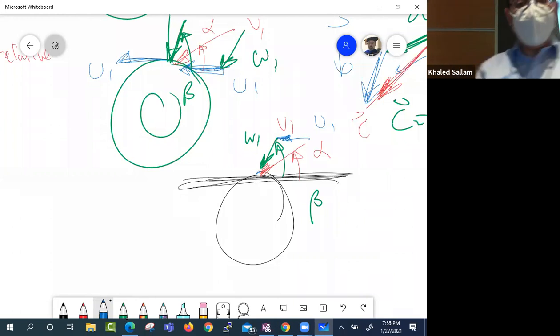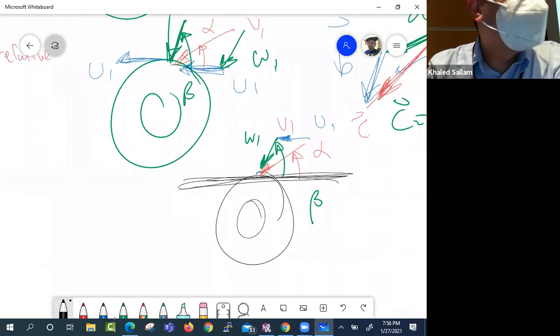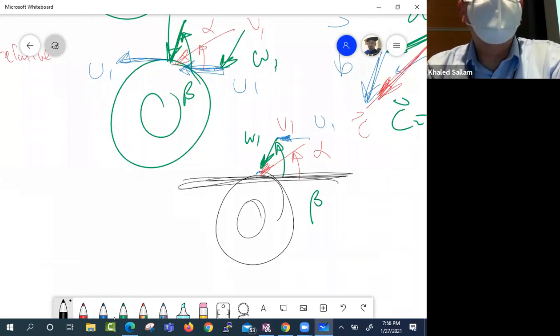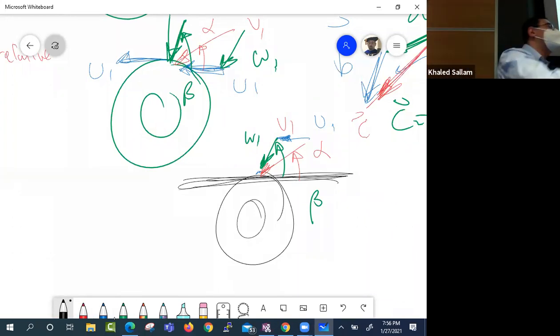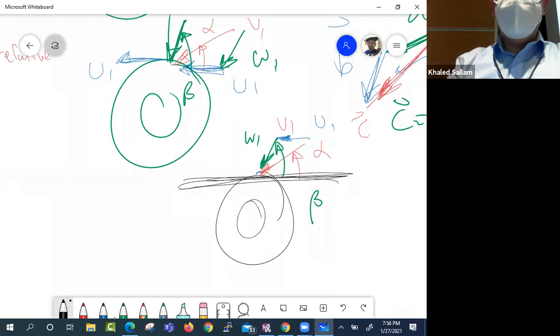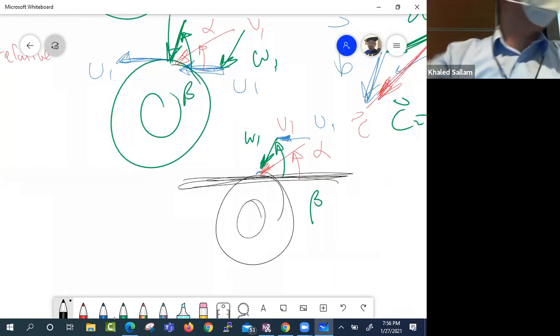Now what is really amazing, at least that's what I thought as an undergrad, is that the plate of the rotor should be based on what velocity, V or W? If I want to draw a plate that will take this water nicely and turn it around, that plate should be based on W. This is very hard to imagine because people think, aren't we shooting with V?